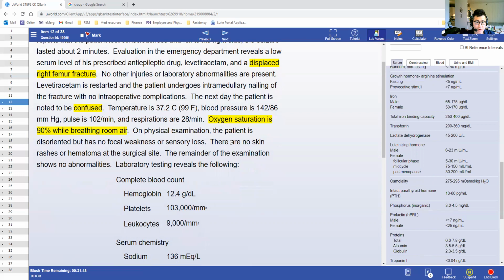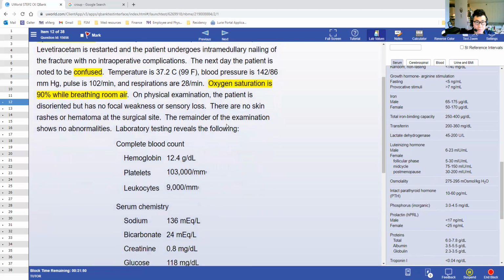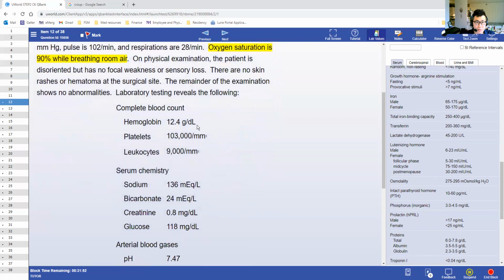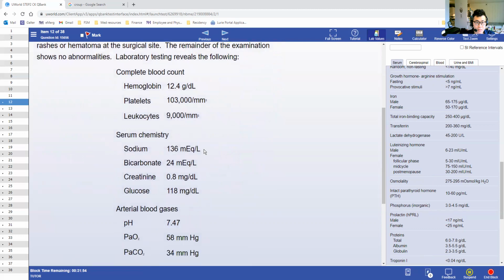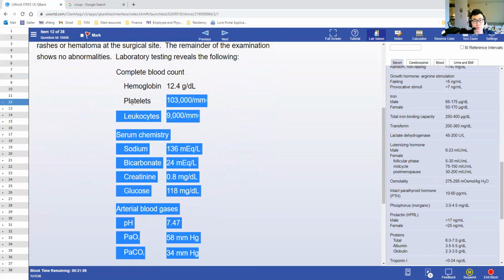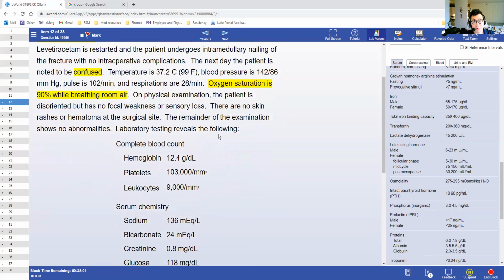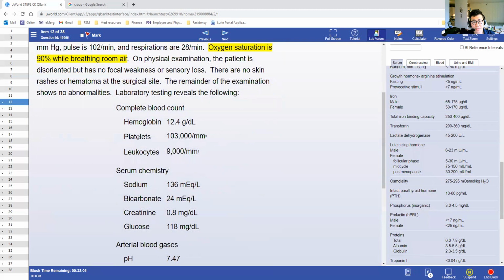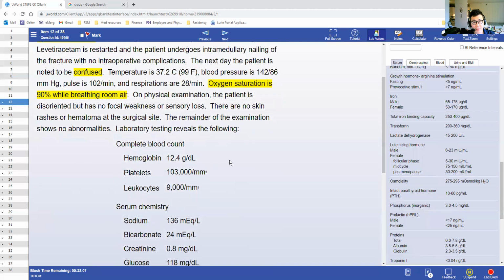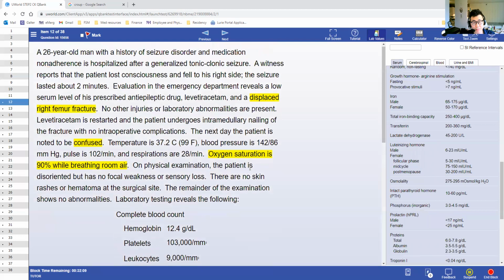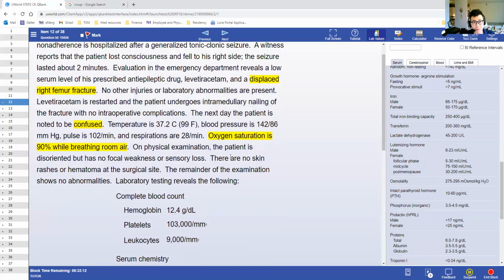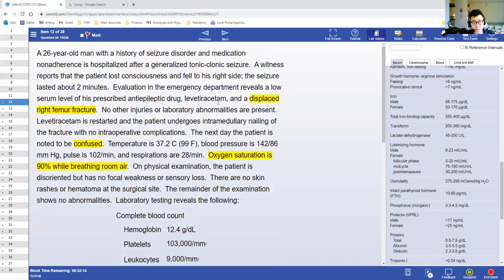Is disoriented but no focal weakness? All right, so I'm thinking this is some kind of fat emboli syndrome versus sepsis versus DIC versus some other lung condition.